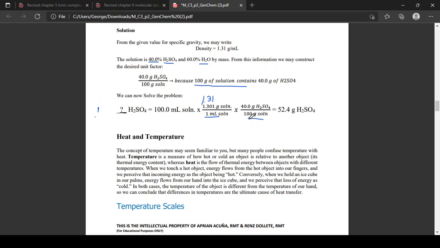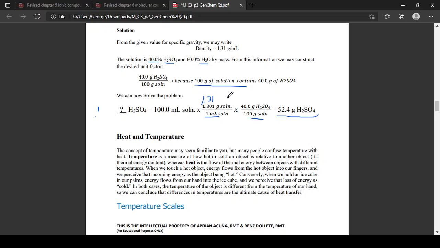Simply kids, tanan tang obrahon when solving is just multiply tanan anay sa babaw, then divide tanan nga arap sa dal. 100 times 1.31 grams of your solution times 40 divided by 1 divided by 100. You now have 52.4 grams.